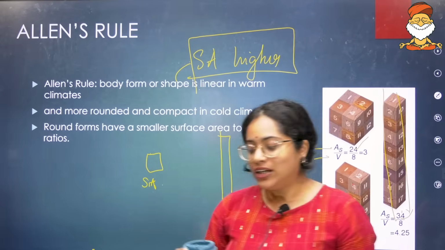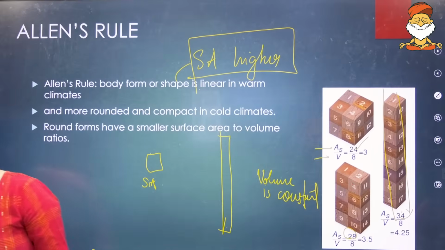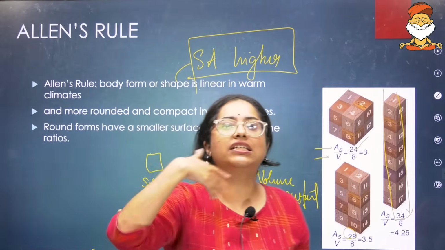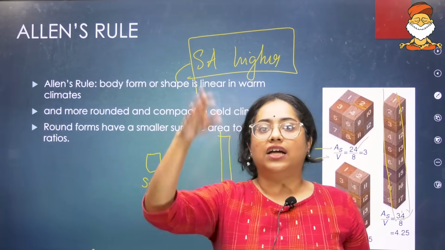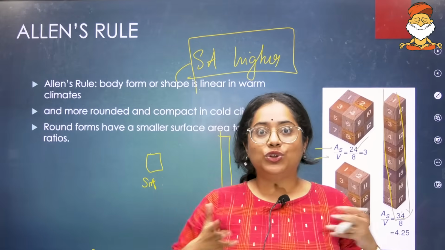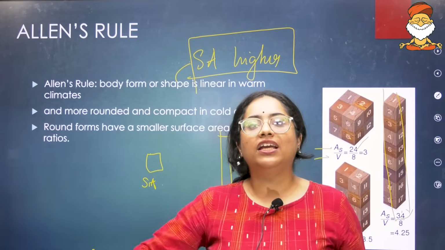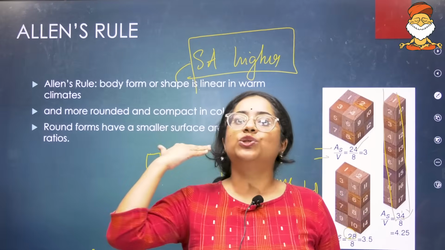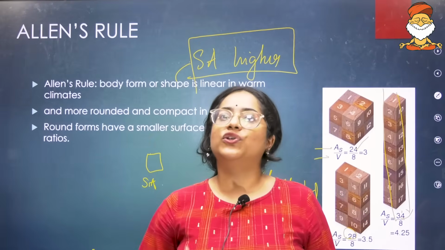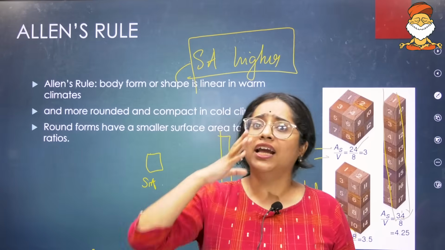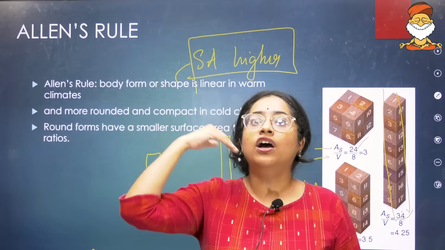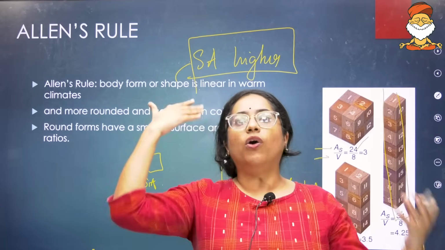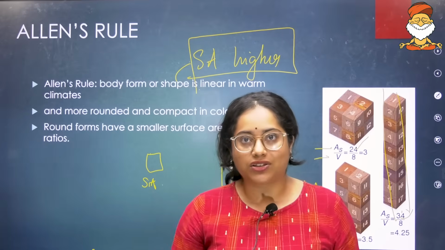See, in a hot climate, your body constantly needs to have a transfer of heat. Otherwise, internally in your body, the heat is going to build up. So the more surface area, there is more area for heat transfer to happen. For any creature, be it hot or cold, the body's surface area determines the heat transfer.